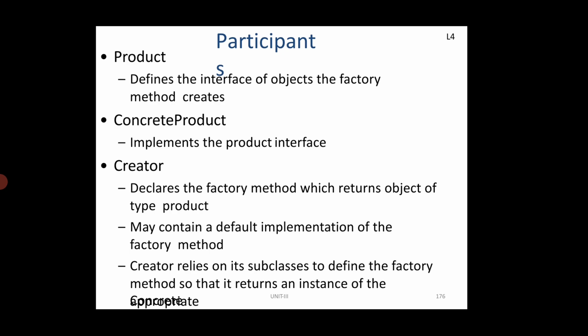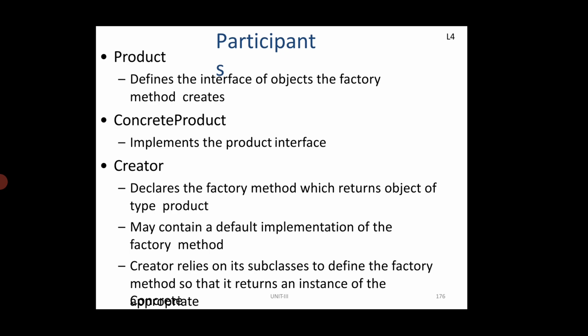So the main thing here is, first of all, we need to declare the factory method which returns an object of product type. The creator application may also define a default implementation of the factory method, returning a default concrete product object.